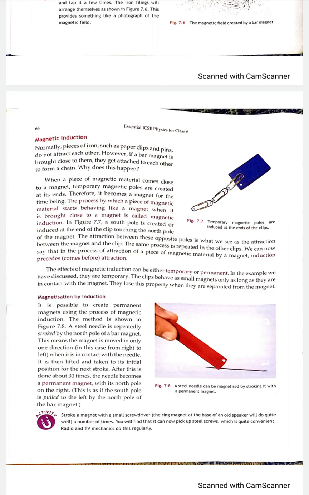So if this is true, that when two opposite poles of magnets come close together, then they show the property of attraction, then how is it possible that when a magnet is brought close to an iron nail or a paper clip, which is not a magnet but only a magnetic material, the two are able to attract each other? How is the magnet able to attract the paper clip or iron nail if the iron nail or paper clip is not a magnet? The answer to this is an important property which is known as magnetic induction.